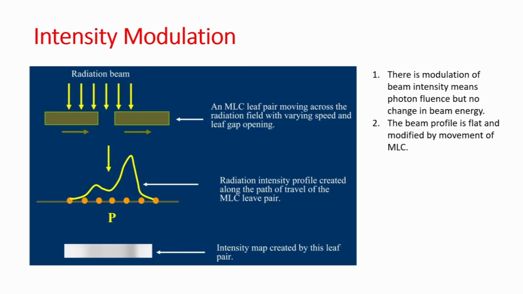What is meant by intensity? Intensity is nothing but photon fluence, because we are going to treat the patient with X-rays. X-rays consist of photons, and the number of photons passing per unit area we call the photon fluence, and this photon fluence is known as the intensity of a beam.